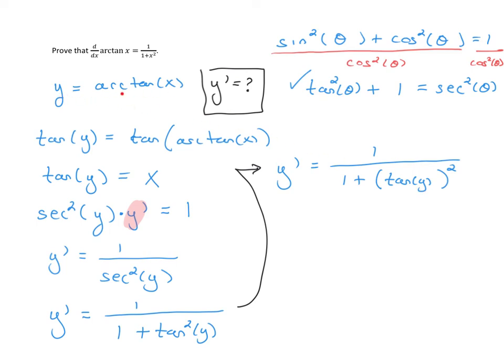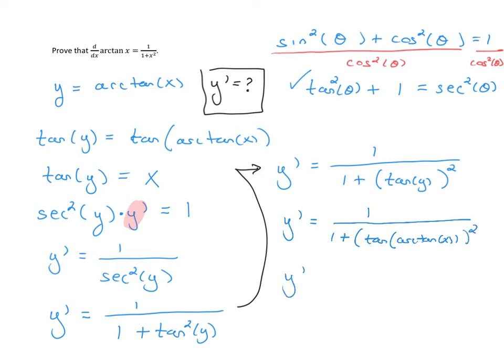It's arctangent of x. I'm going to replace this y with arctangent of x. Y prime is equal to 1 over 1 plus, okay, this is tangent of arctangent of x, and that whole thing is squared.